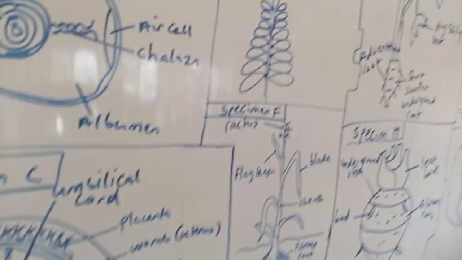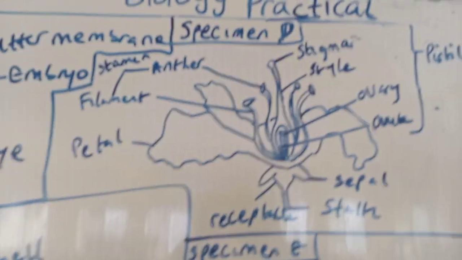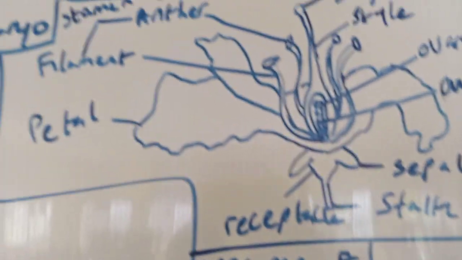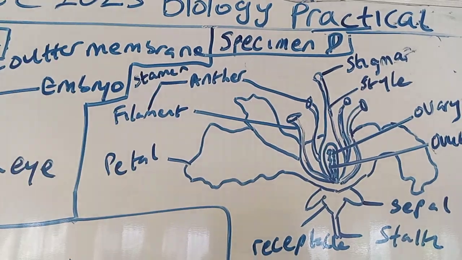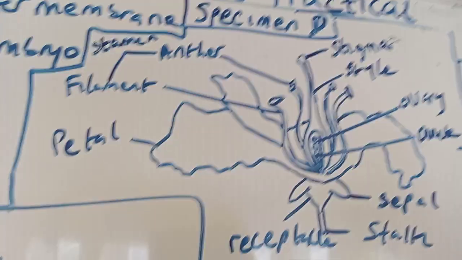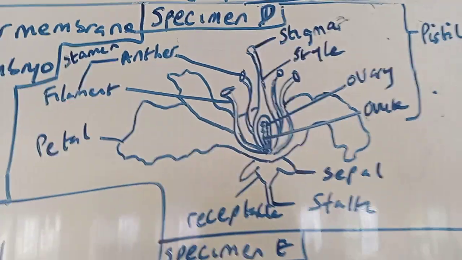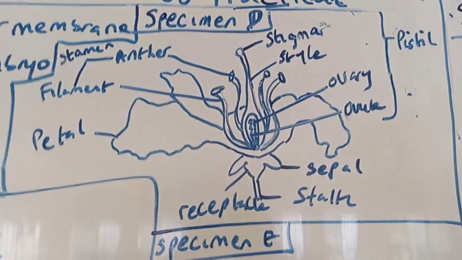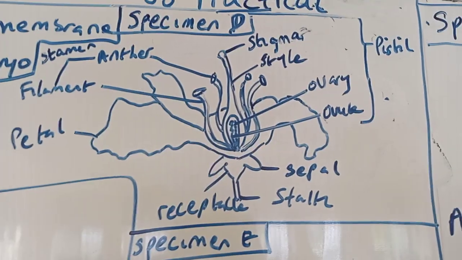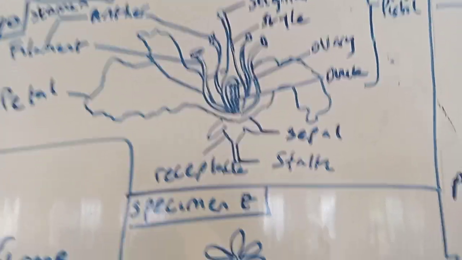All right, then we have specimen D. Specimen D is the longitudinal section of the ovary of the pride of Barbados. Up there we have specimen D, well labeled. You have the stigma, the style, the ovary, the ovule.